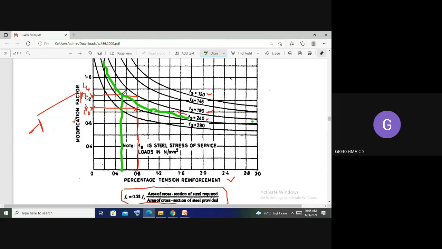Now extend towards the side, modification factor. So this is the point where our value lies.